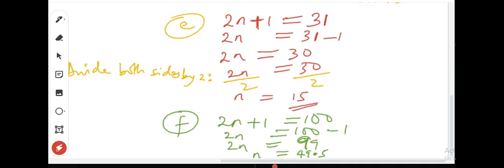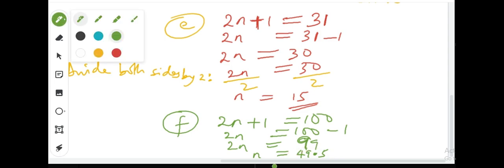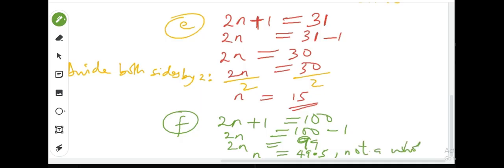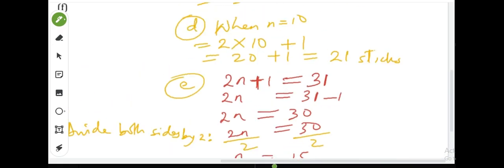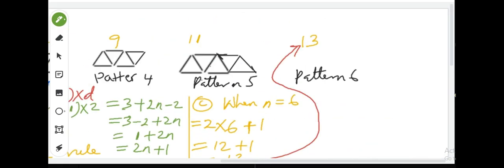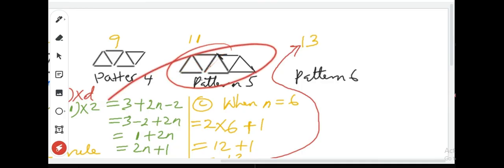We can't get a half or a fraction of a stick to complete the pattern. So Theo is wrong, because it doesn't give a whole number value.